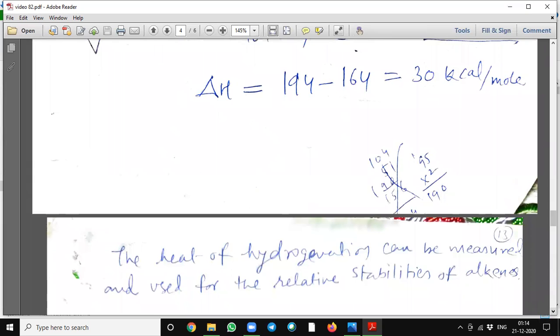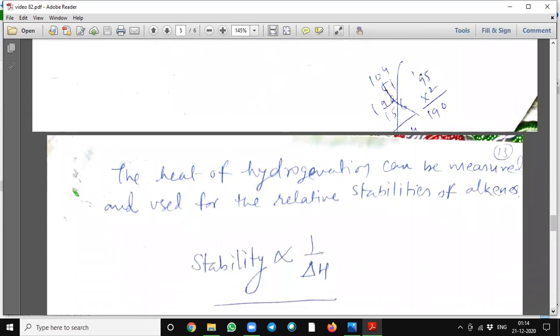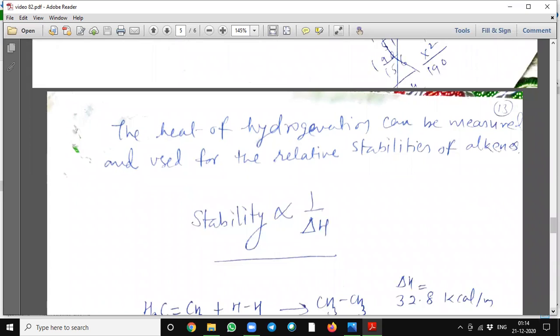Exothermic means heat evolved, the heat of hydrogenation. Stability is considered on the basis that those molecules having less heat of hydrogenation are more stable. Stability is inversely proportional to the delta H value.